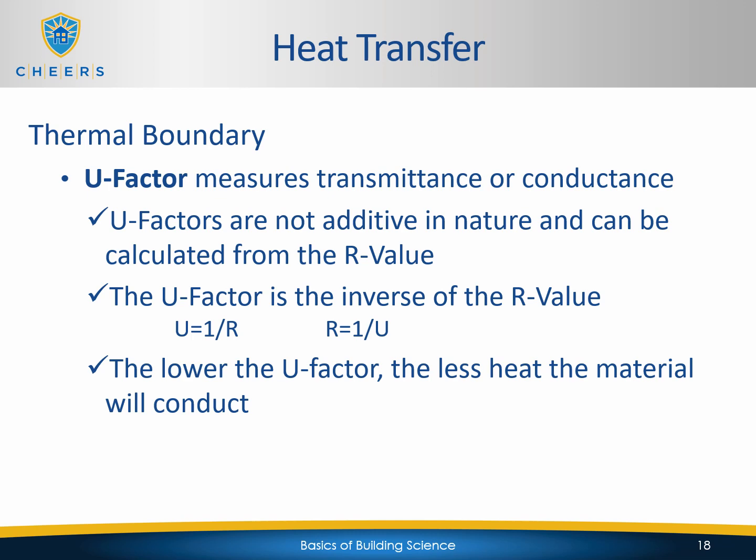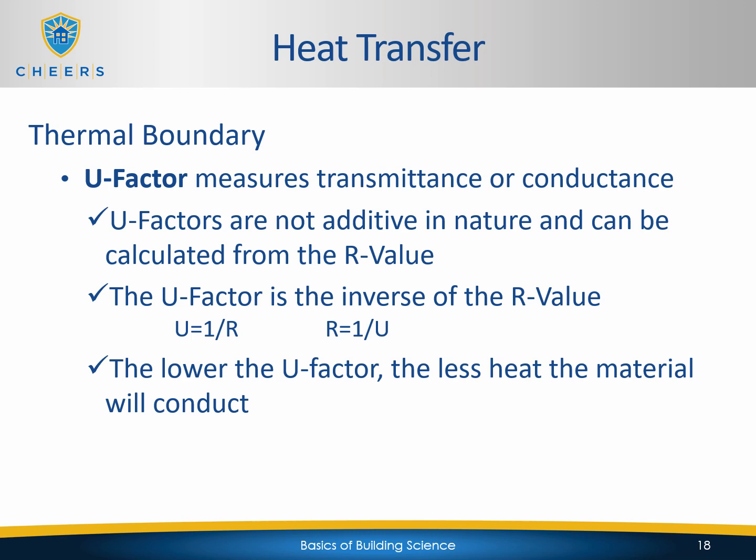The U factor is always the inverse of the R value. As you can see here on the two little equations, they're very straightforward. The U factor is 1 divided by the R value. To find out the R value, if you have the U factor, all you do is invert it. So the R value is equal to 1 divided by the U factor. If you have one, you're always going to be able to find the other.